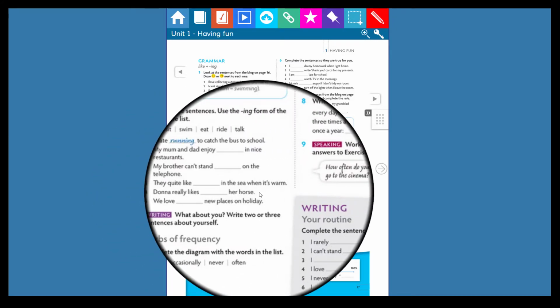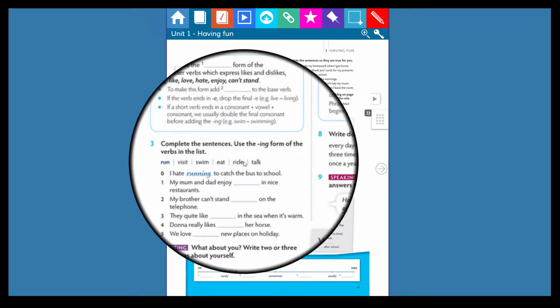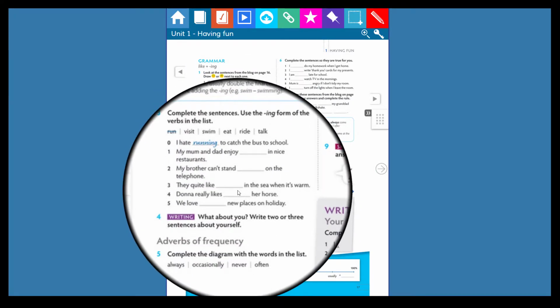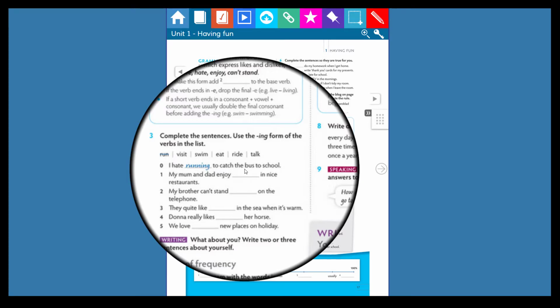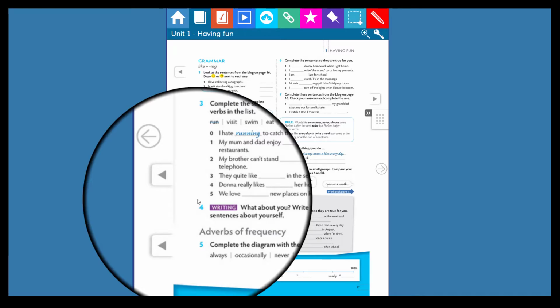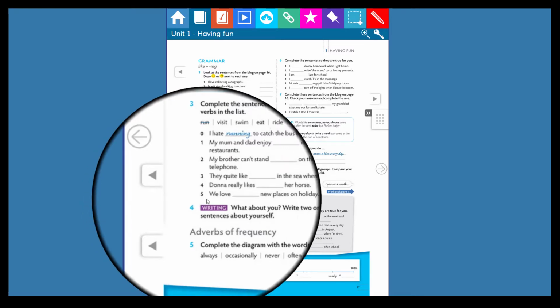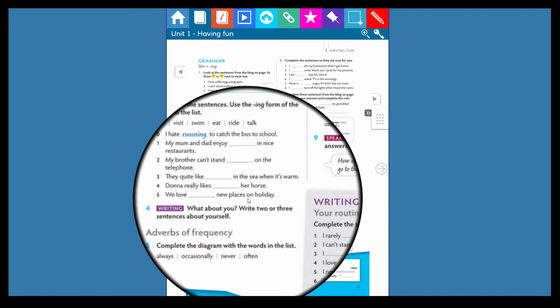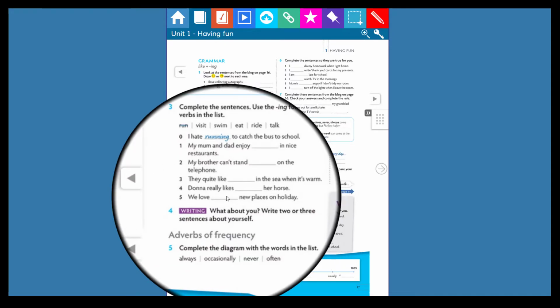The correct answer is riding. Very good. And this verb finishes with E. So you have to drop the E and write only riding. Okay? Number five. We love new places on holiday. What do you think? The correct answer is obviously visiting. Very good.